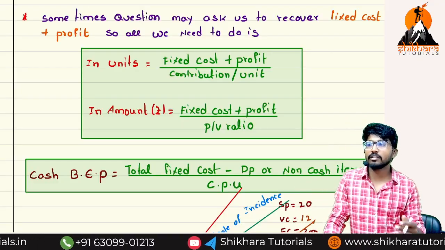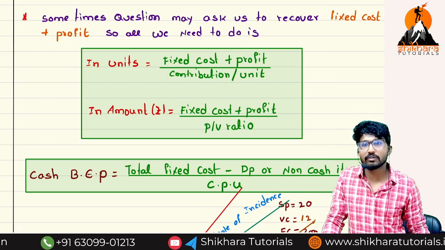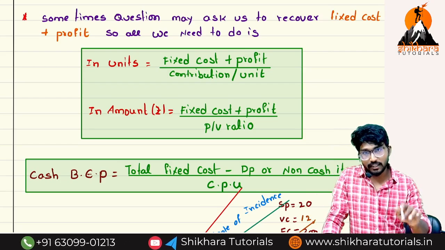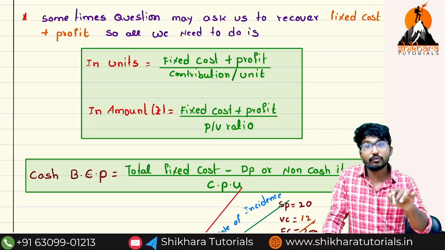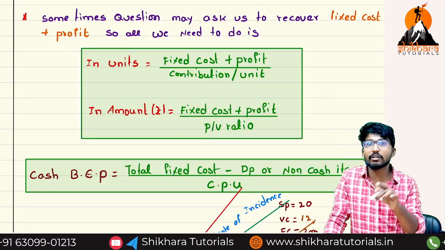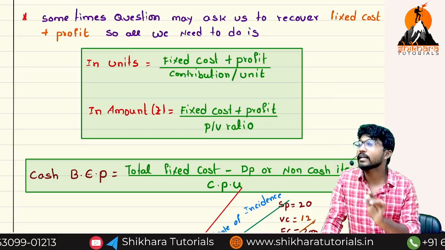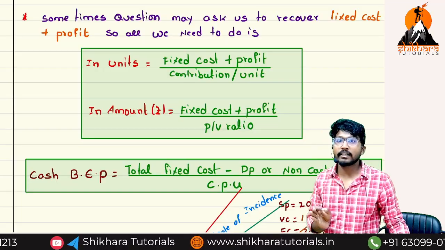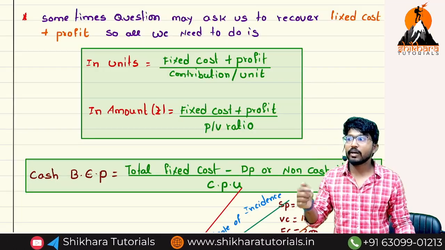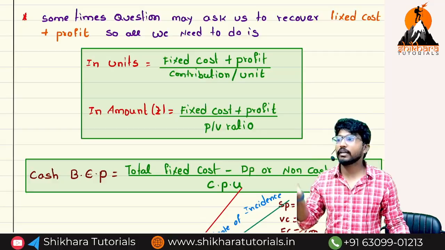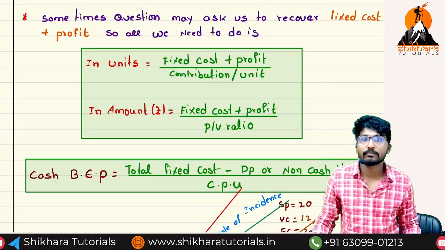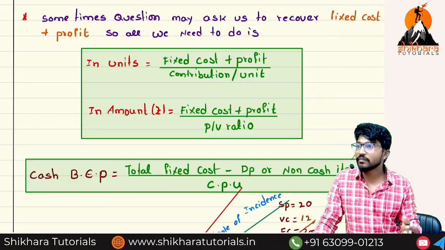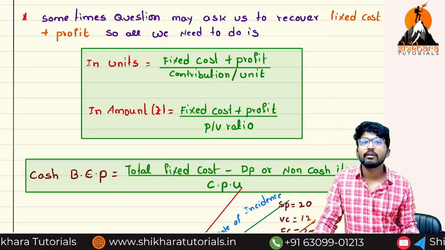Now let's take an example where fixed cost is 15,000. After recovering 15,000, you want 20,000 as profit. That means the total contribution we require is 35,000. Divide by the contribution per unit, let's take it as 10 rupees. 35,000 divided by 10 is 3,500 units.